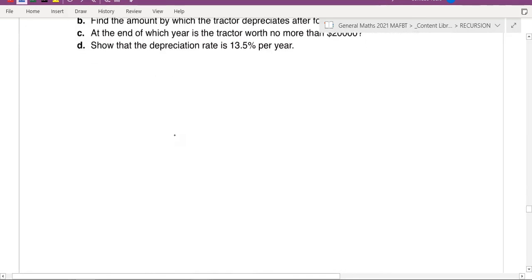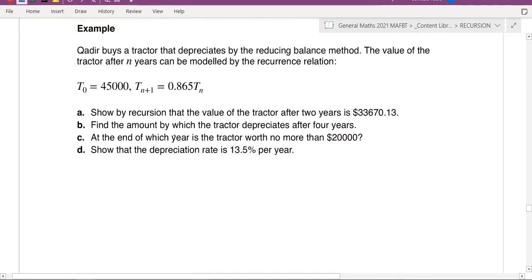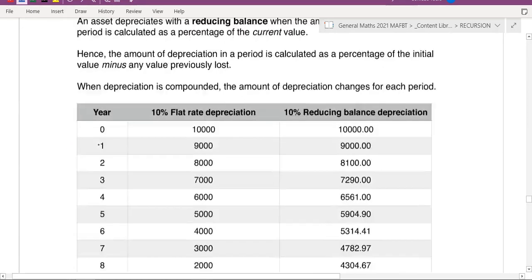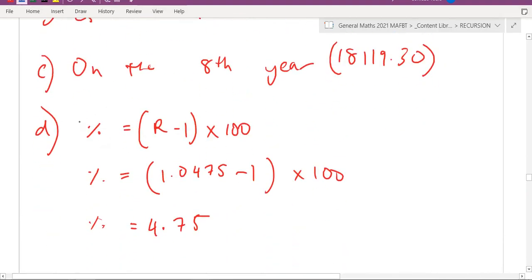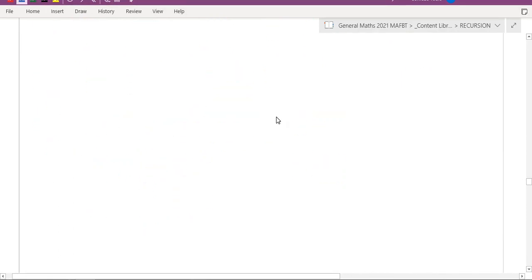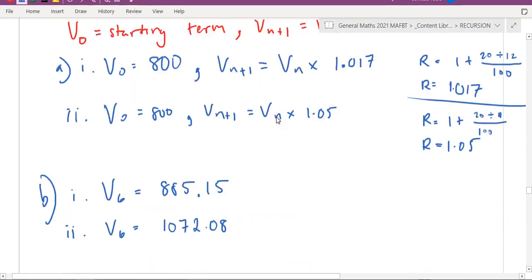All right, let's go here. Also note that on part D of these questions, remember in the previous one, I gave you that formula to find if it's a percentage increase, and you had to prove the percentage. Use this formula. But when it's decreasing, it's slightly different.